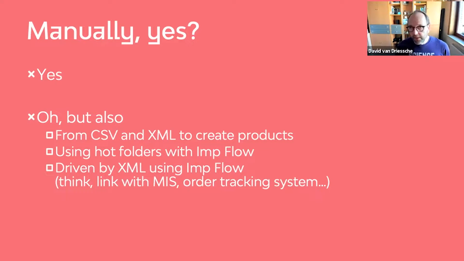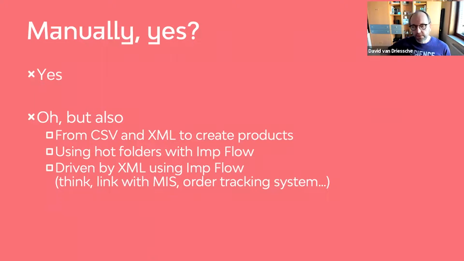Everything can be in the XML, so you can use Imp Flow, which is the automated version, and not set up anything in Imp Flow other than an input folder, and then drive everything through an XML file.